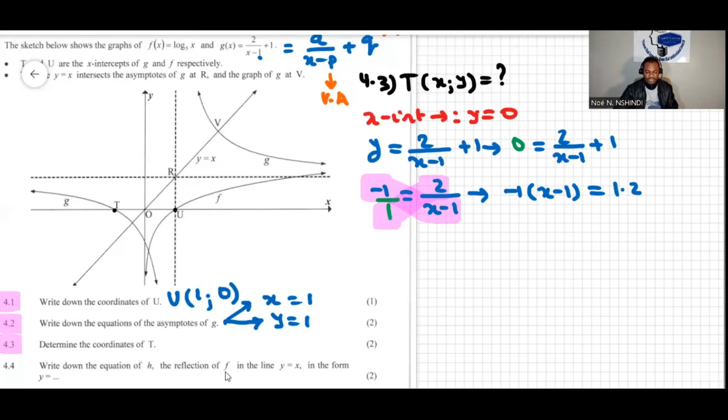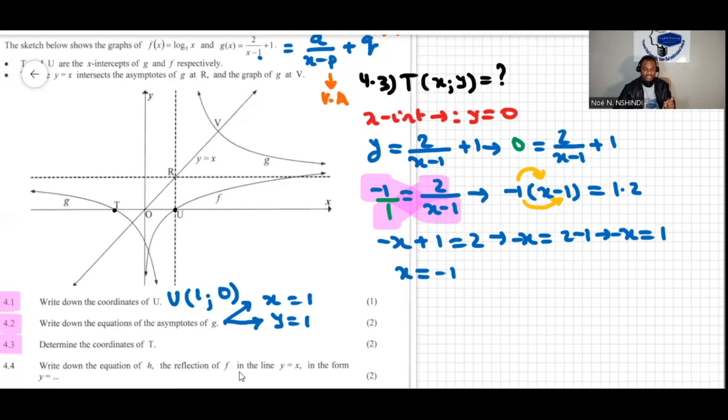So we do negative 1 times x, and negative 1 times negative 1. So this will make negative x plus 1 equal to 2, and then negative x will be equal to 2 minus 1, so negative x is 1, meaning x is negative 1.